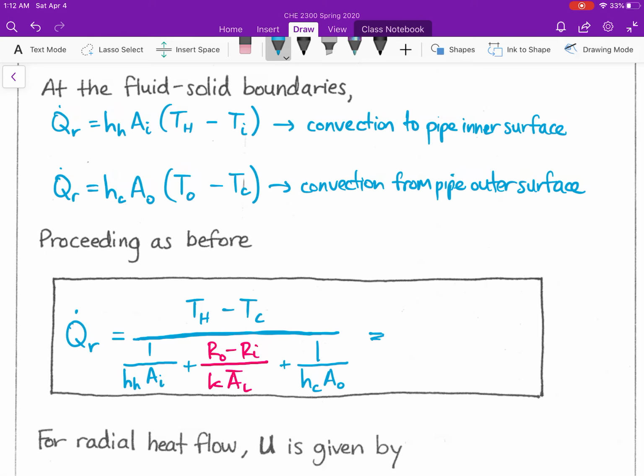Okay, so hopefully you can see that this equation is set up exactly the same as the equation in lecture 18, where we had a temperature difference divided by the sum of our thermal resistances in the system.